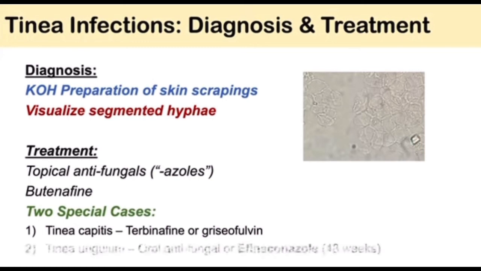The second one is tinea unguum, or the fungal infection of the nail. We're going to generally use either an oral antifungal or efinaconazole for a very long period of time, about 4 to 8 weeks. A lot of times we've been moving away from oral antifungals because of some liver toxicity issues, so we're going more toward efinaconazole, which is also a topical treatment, but a more special topical treatment for tinea unguum.